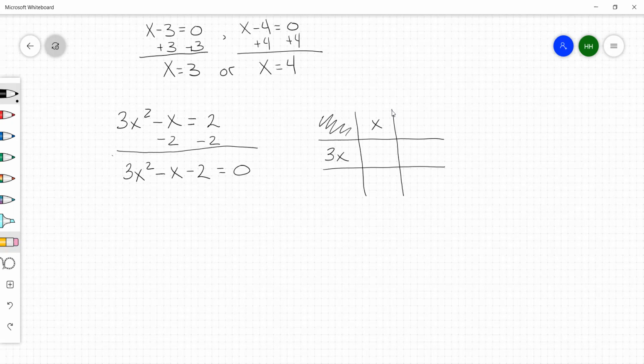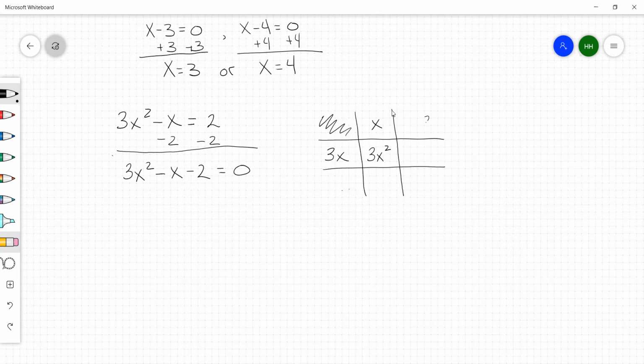And our 3x times our x is our 3x squared. Now we need a couple of values that are going to multiply to a 2. So that's either a 1 here and a 2 here, or a 2 and a 1.